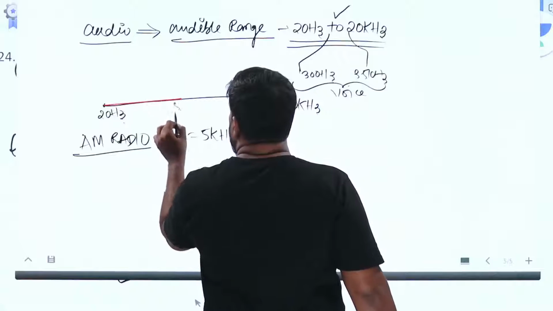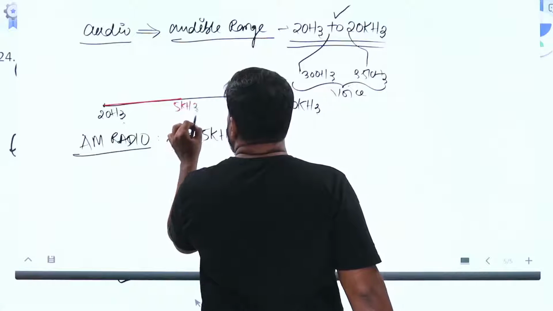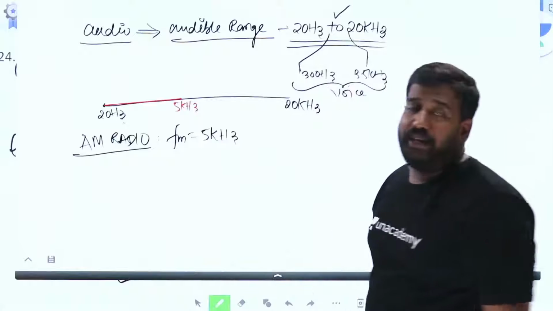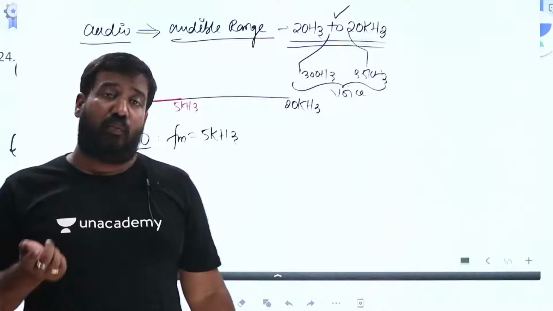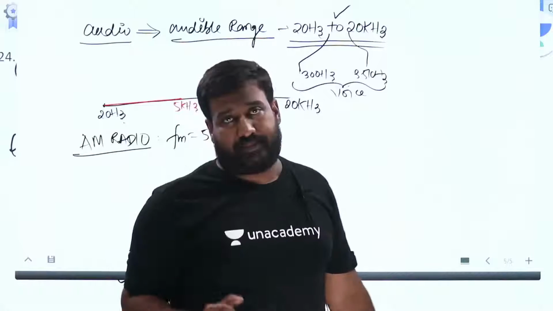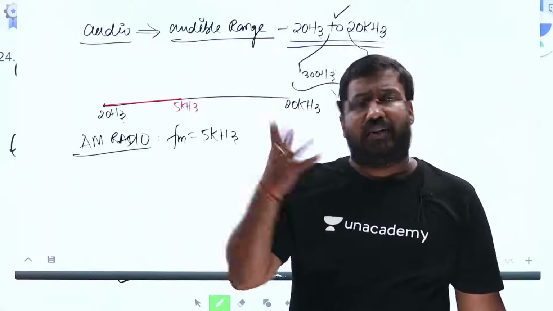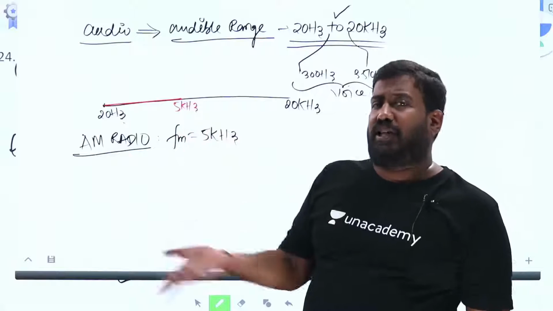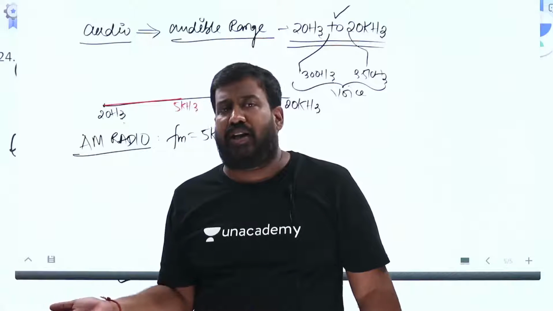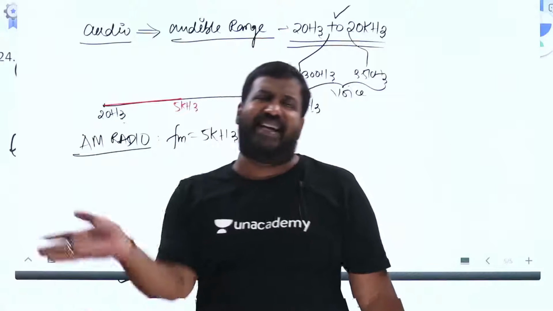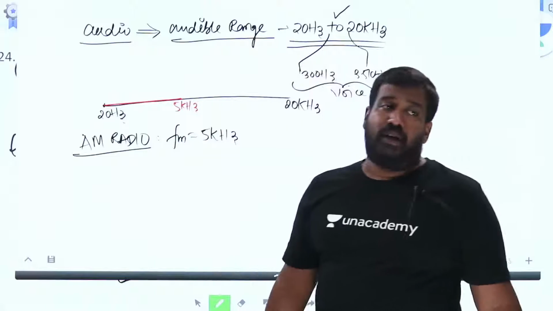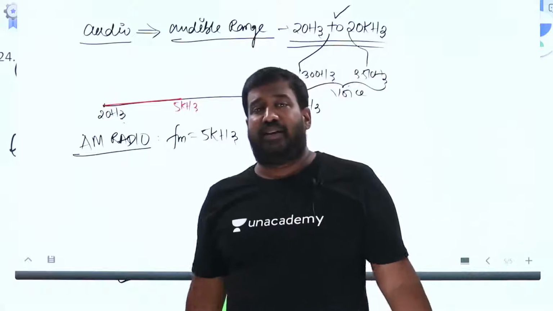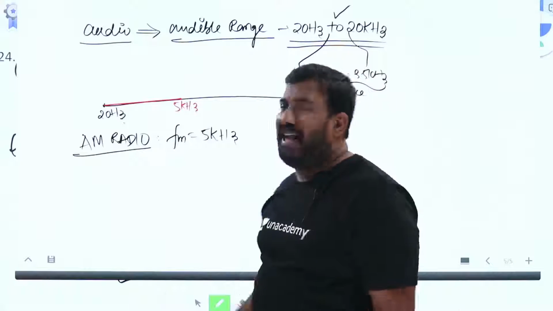That's why AM radio is more suitable for talk shows, where people will talk. Frequencies are accommodated because everyone is talking below 3.5 kilohertz, and I am accommodating 5 kilohertz. Easily you can accommodate talk shows. But if you try to include music, you need more audible range, which is not available in AM radio.